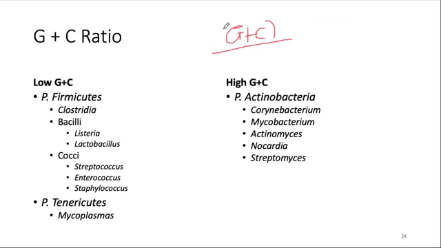So it's G+C, guanine plus cytosine, divided by the sum of adenine plus thymine plus guanine and cytosine, and then all this is multiplied by 100%.